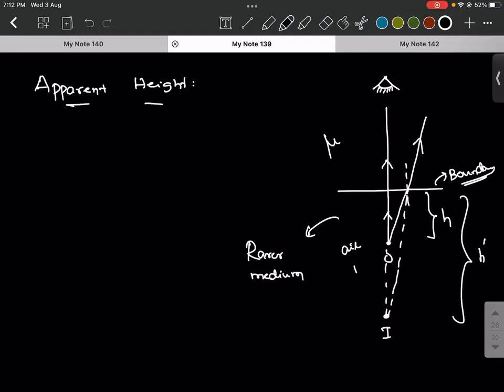Because refractive index is greater than 1 always, H dash is greater than H. So it should be a multiple of H. That is, mu H is the right answer.